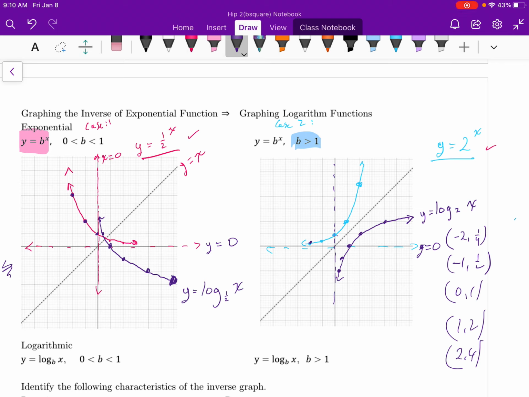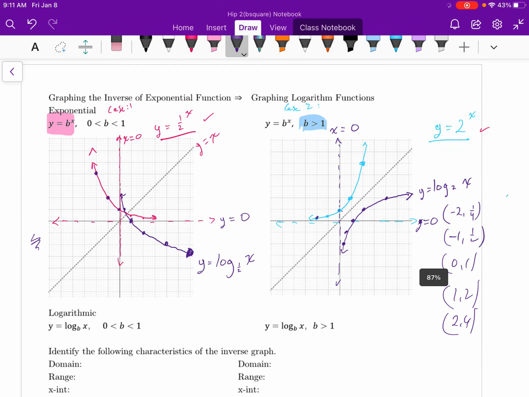So for the logarithmic, again, we're going to have x equals 0 for a vertical asymptote. That was kind of hard. Kind of wiped. But let's continue on.